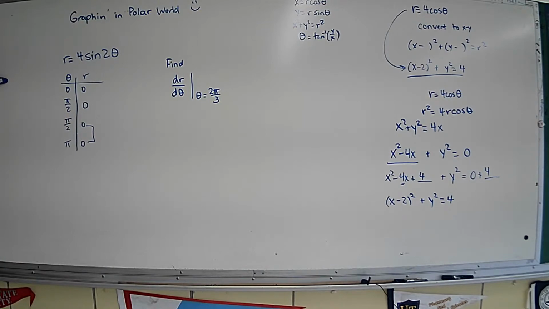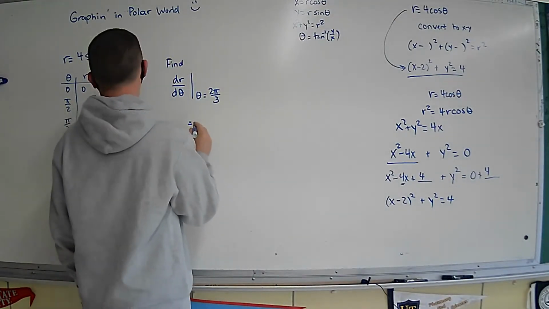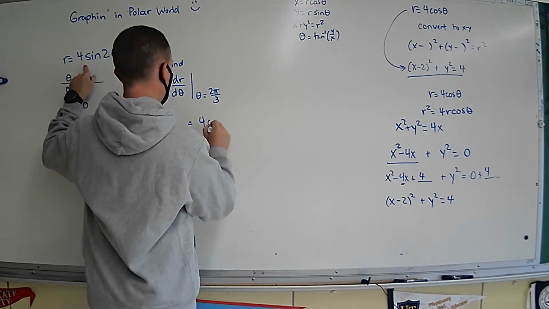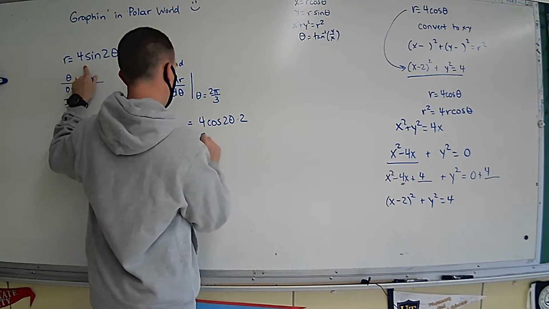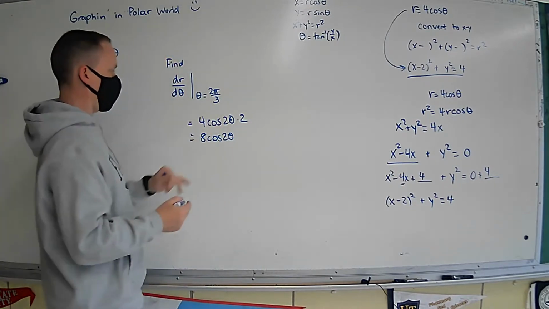And then right here, if I did dr d theta, go ahead and compute it. So what is dr d theta? It's 4 cosine of 2 theta times 2, or 8 cosine 2 theta. So you can plug 2 pi over 3 into that.